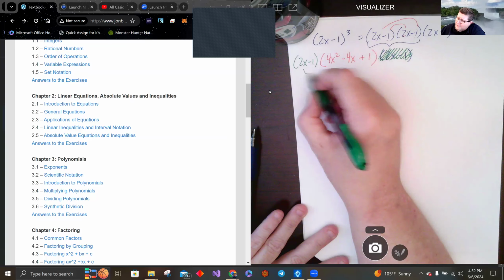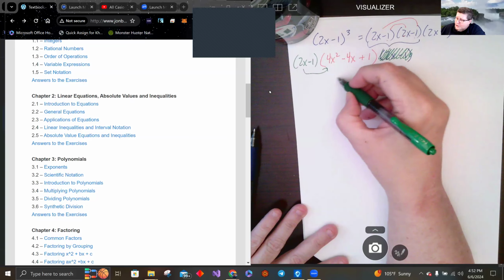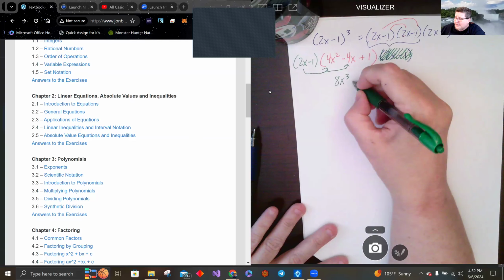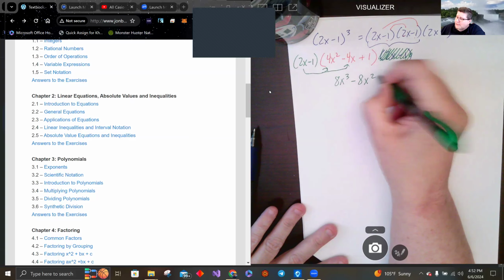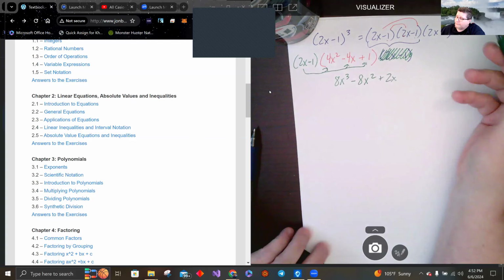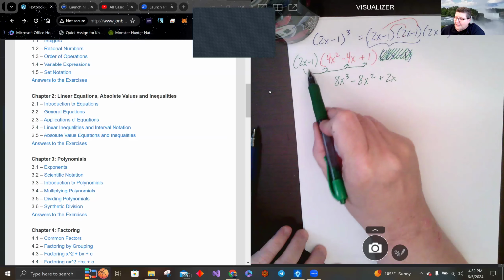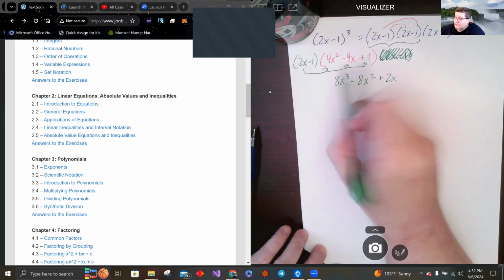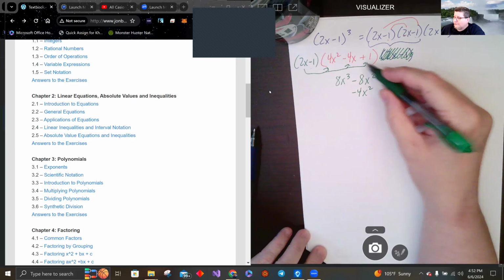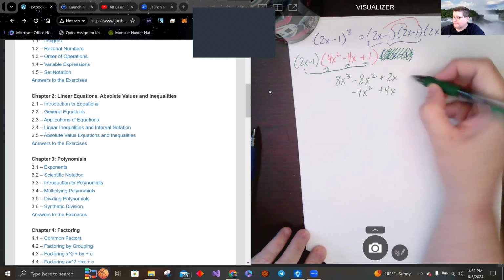2x times 4x squared is 8x cubed. 2x times negative 4x is negative 8x squared. And 2x times 1 is plus 2x. Negative 1 times these just changes the sign. So 4x squared becomes negative 4x squared. Negative 4x becomes positive 4x.